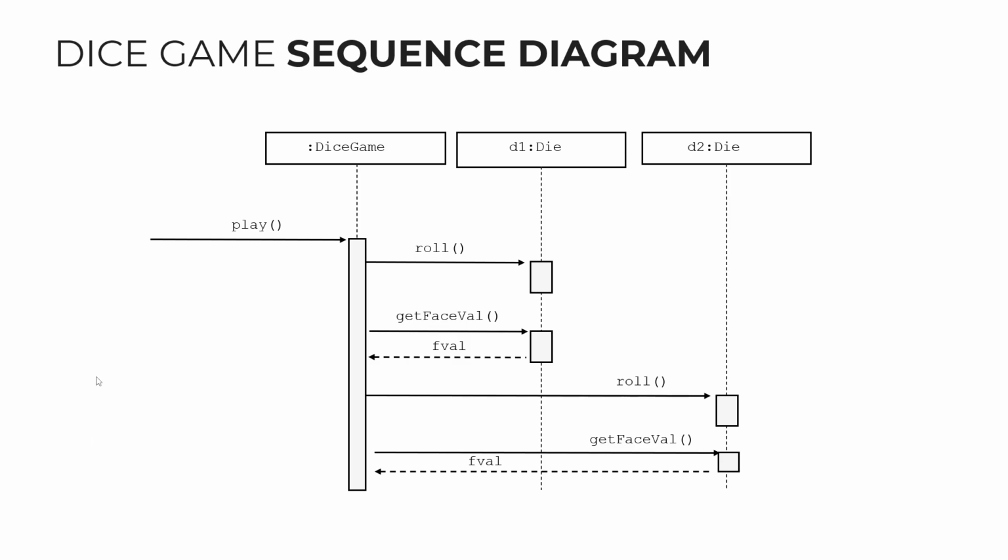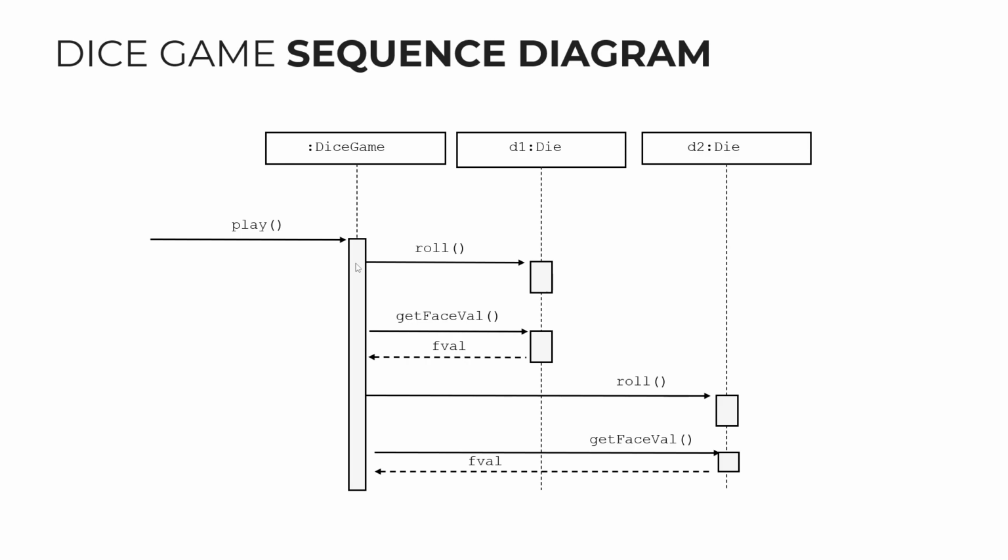Now, the message play could be sent from the object player. Play the game, and this message play is sent to dice game. It basically says, dice game, please start your game. Once the message play comes, the dice game starts.